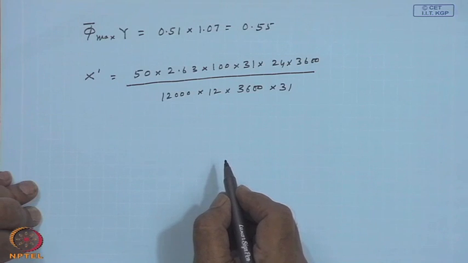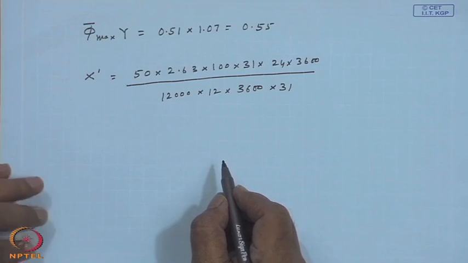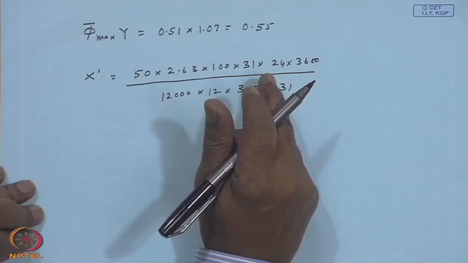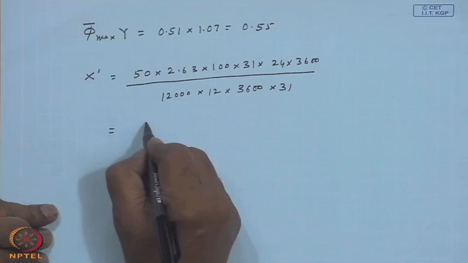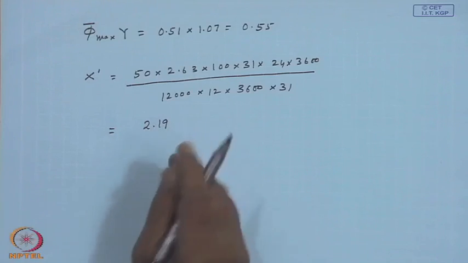Please remember, when the load is given in joules or megajoules, make the consistent units. If it is kilowatts for certain time, you have to convert it to joules. That is, power is drawn over a period of time, which makes it the energy. This will come out to be 2.19.